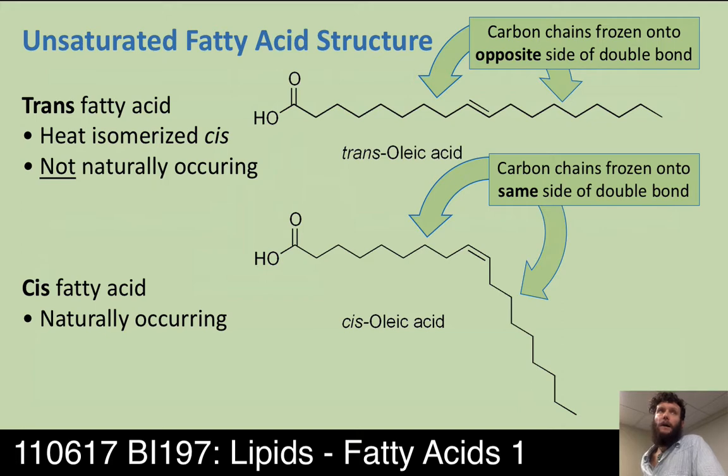And say we want to cook with this stuff, we heat it up, and that fat isomerizes. It flips. So it has the same molecular connectivity, but they're not superimposable. Okay, so we've changed the stereochemistry of this molecule.